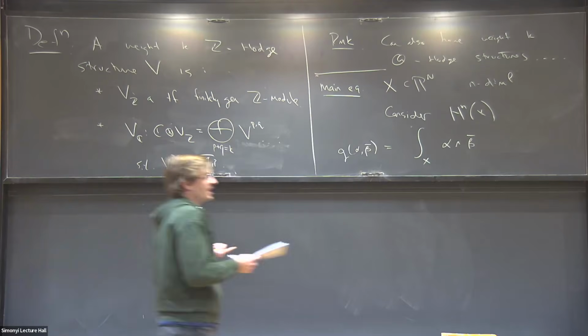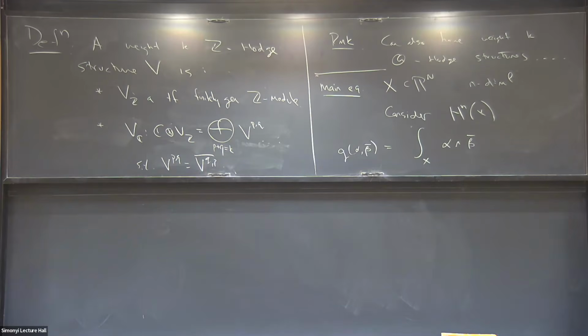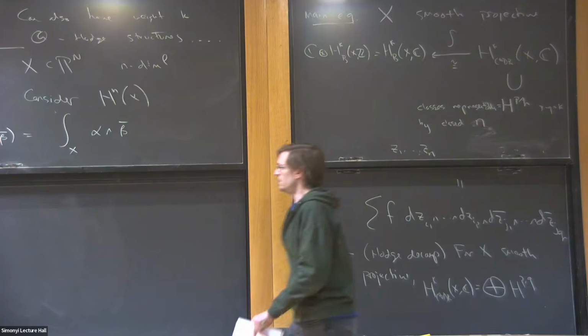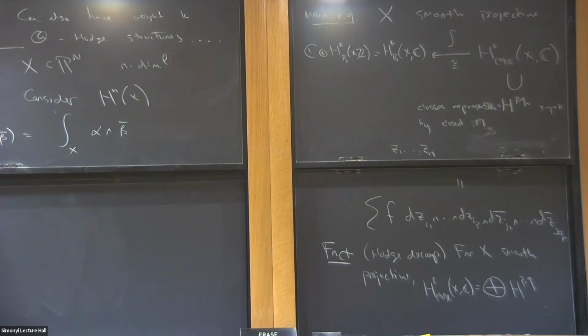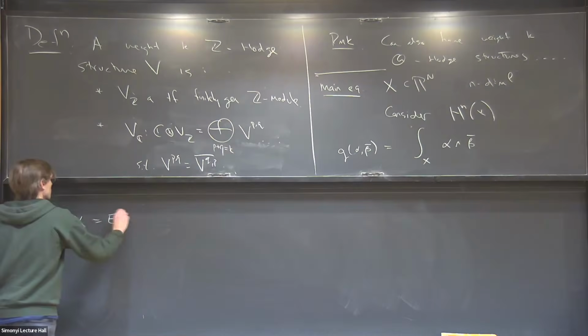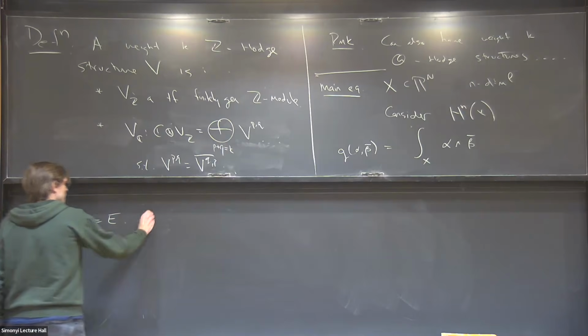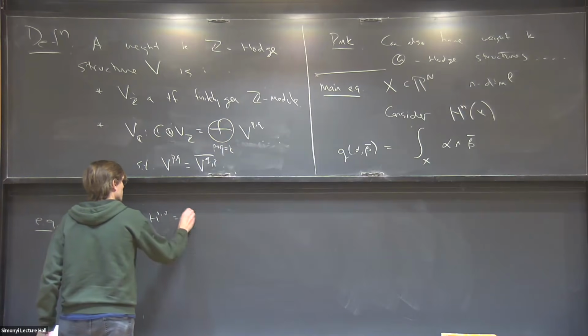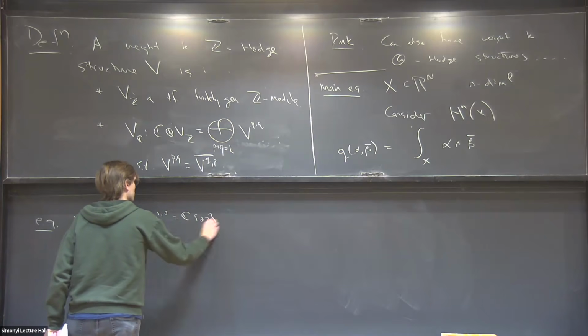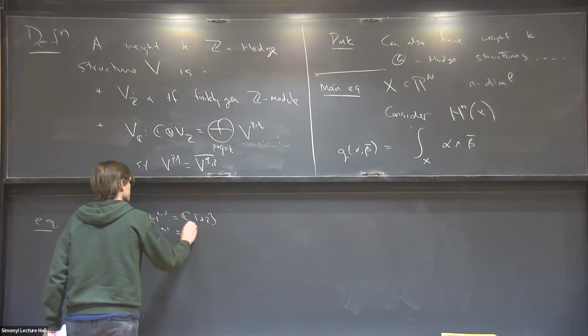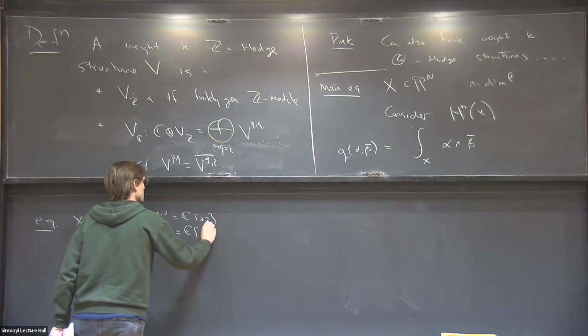What properties does it satisfy? How does it play with this decomposition? Well, let's first understand the elliptic curve example. In the elliptic curve case, remember H10 is multiples of dz and H01 is multiples of dz bar.